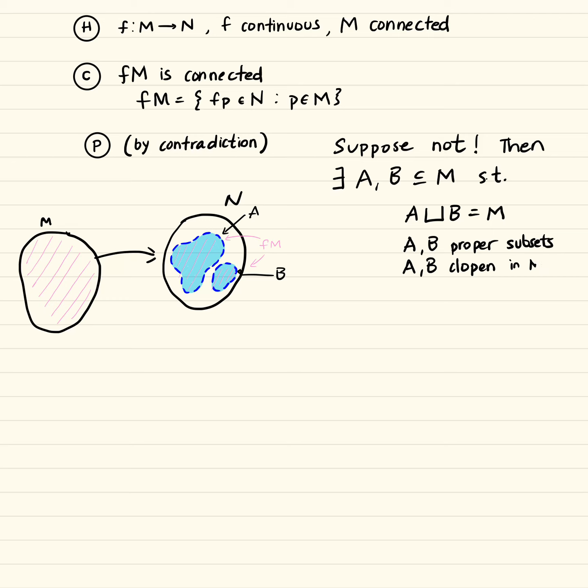Just kidding. It's not the case that A and B are clopen in M. We would need A and B to be clopen in f of m, right?